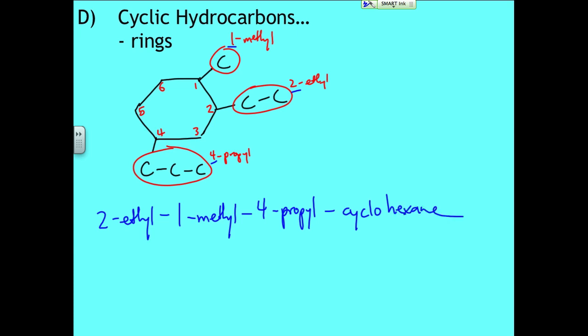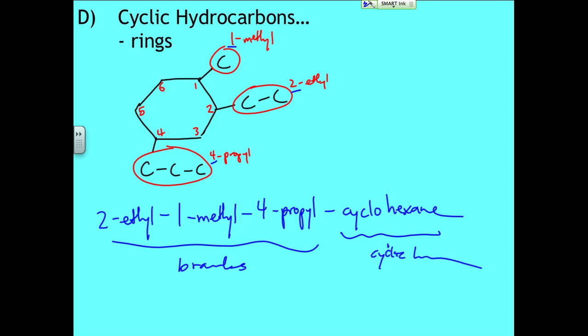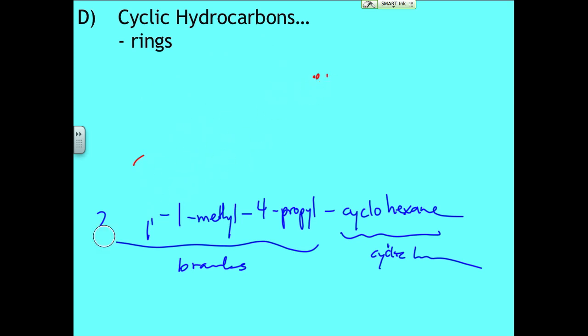That's it. Notice it's the same thing as for your branches, and we just add the fact that it's a cyclic hydrocarbon. Simple enough?